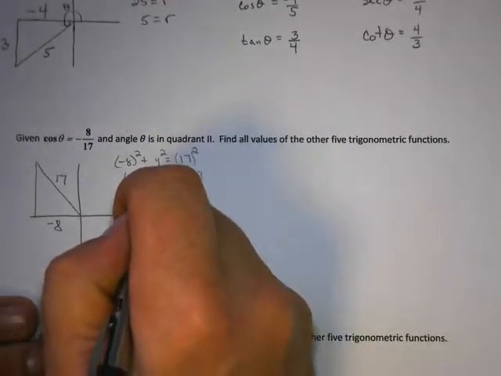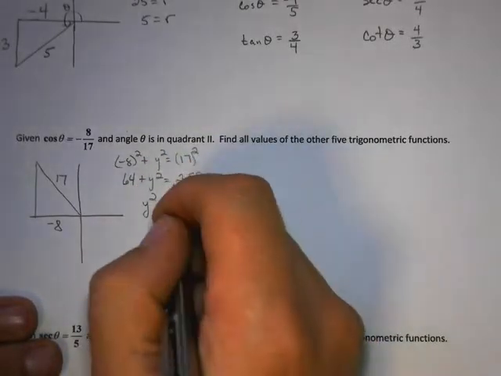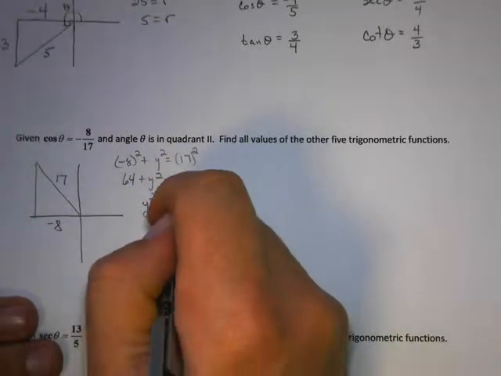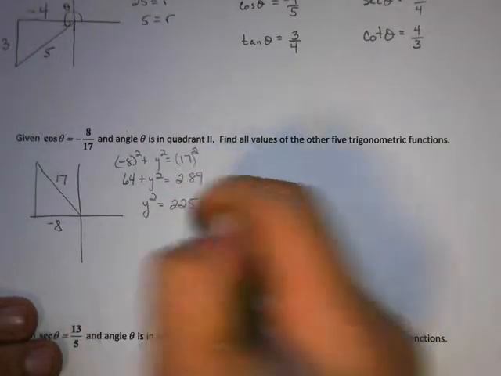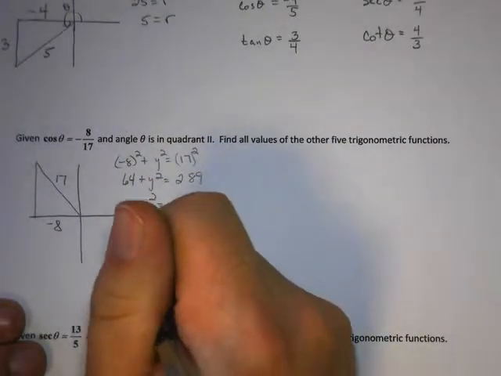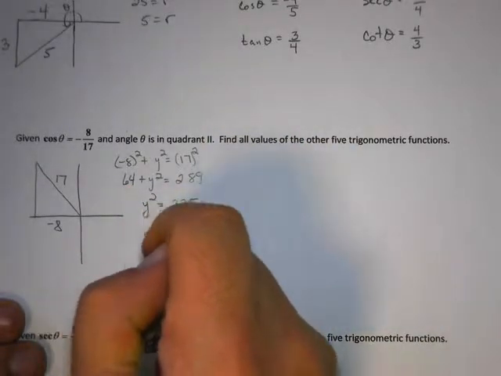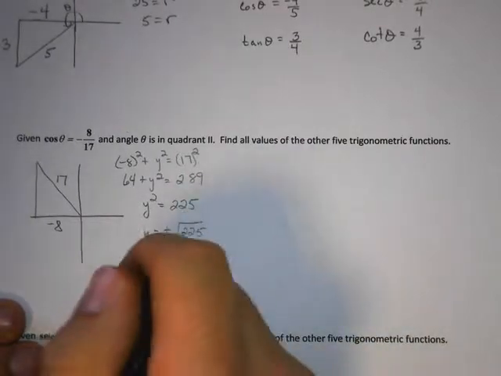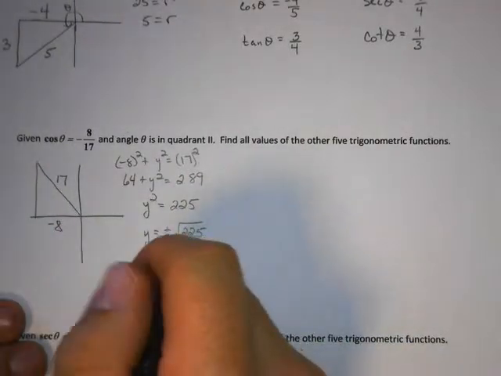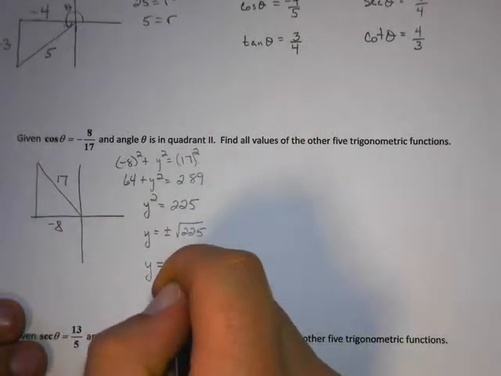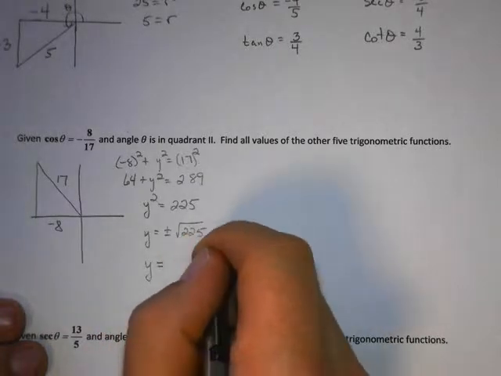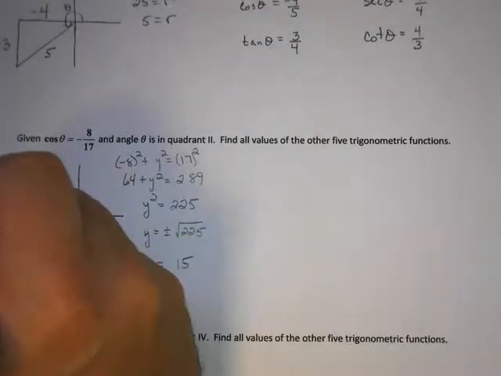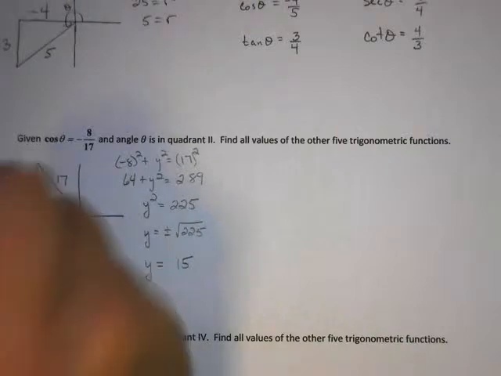So if we solve for y squared equals 289 minus 64, which is 225. Y equals plus or minus the square root of 225. Because we're going up, it's going to be positive. So y equals the square root of 225, which is 15. Positive 15 since we're going up.